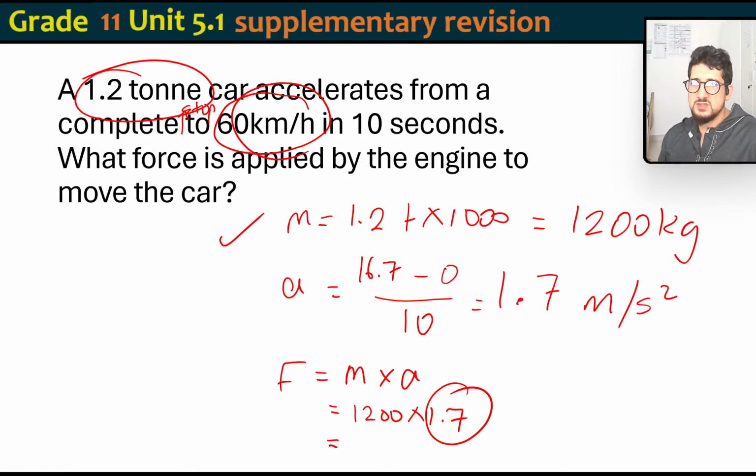So I'm actually using 1.66666, and it's essential that you do the same, so you don't carry forward any error. Because in the end, once you do it properly, you get a nice round number, 2,000 newtons. That's how much force the engine needs to apply.